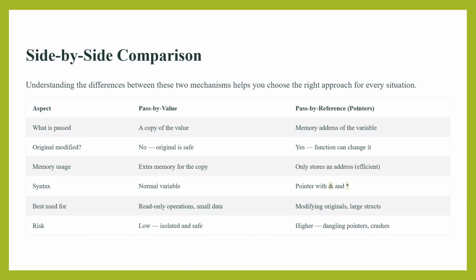As a real-world analogy, pass by value is a photocopy, and pass by reference is the original document. Use pass by value when data should remain unchanged and when working with simple values. Use pass by reference when you need to modify original data and when working with large data structures. Choosing correctly improves both performance and reliability.